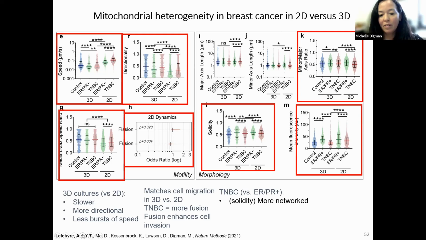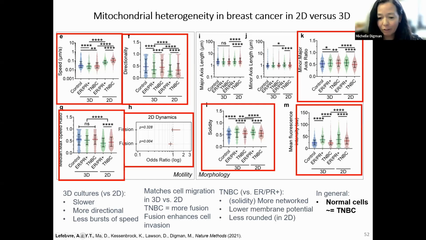And with the ER/PR positive versus the triple negative cells, we see that the triple negative cells are more networked, they have lower membrane potential, and they're less rounded. So in general, we see that normal cells look very similar to triple negative breast cancer cells. And it's really hard to target them, mainly because their phenotypes look very similar to the breast tumor cells.